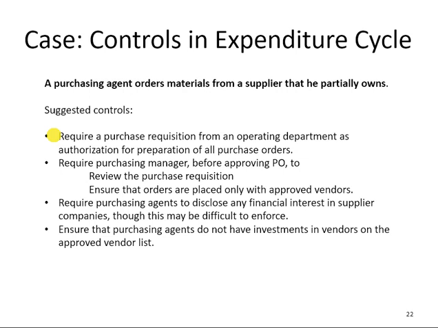We're also going to require purchasing managers to review the purchase requisitions to make sure that orders are placed only with approved vendors before the manager approves the purchase order. We also need to require the purchasing agent to disclose any financial interest, any conflict of interest. We're going to ensure that purchasing agents do not have investments in vendors on the approved vendor list. These are important internal controls.